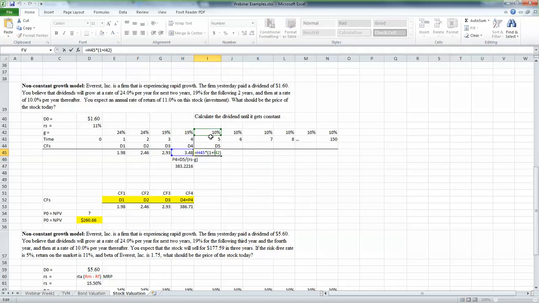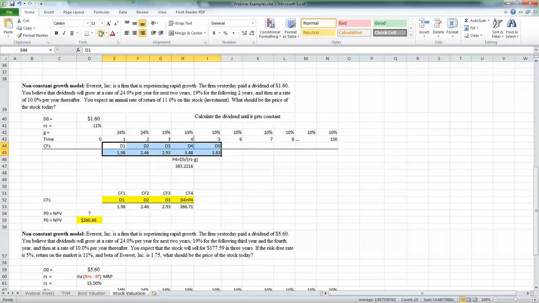Okay, so I'm done here. I found these dividends, very important. Thereafter, you know that once the dividend is constant, all you need to do is divide the next dividend by RS minus G. So here, if the fifth year is constant, we can definitely find the price in year 4.